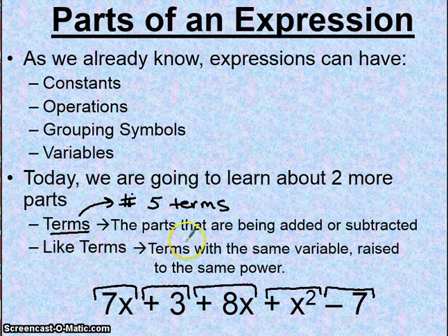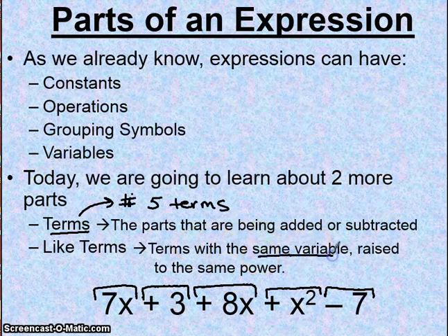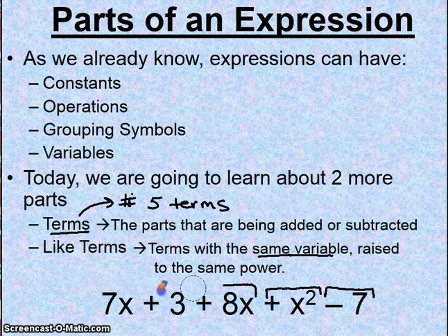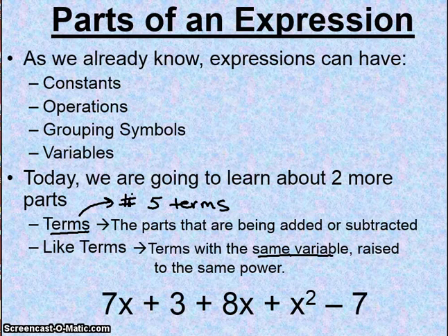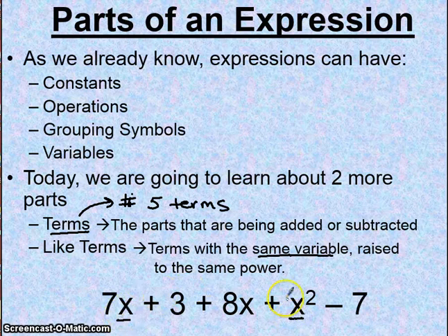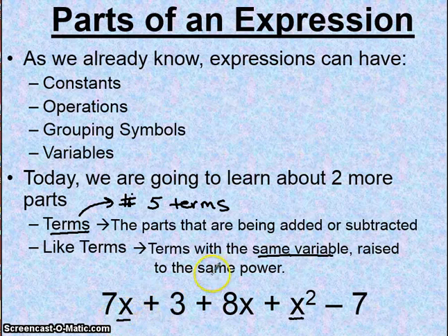Now, the ones that are alike are the terms with the same variable and the same exponent. It has to be both. So for instance, we see the variable x, both here and here. But these two are not like terms because they do not have the same power.